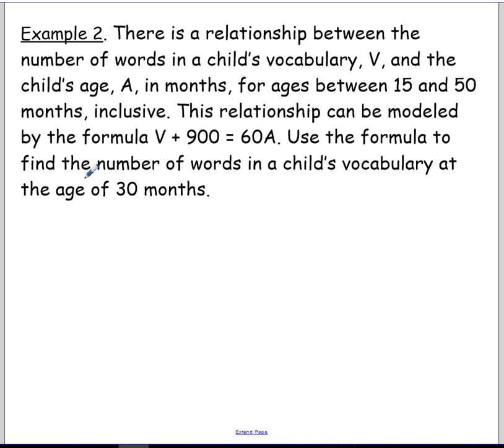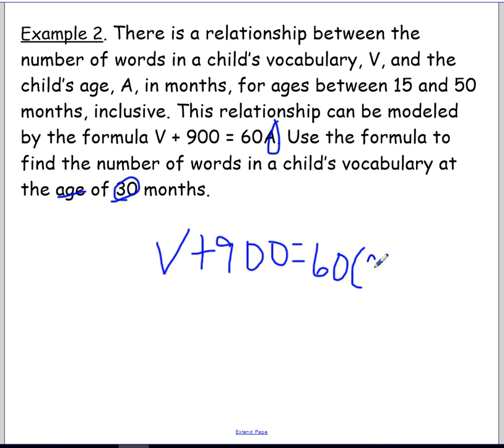Use the formula to find the number of words in a child's vocabulary at age 30 months. So the age of 30 goes in where our A is. So V plus 900 equals 60 times A, where we're replacing A with 30.